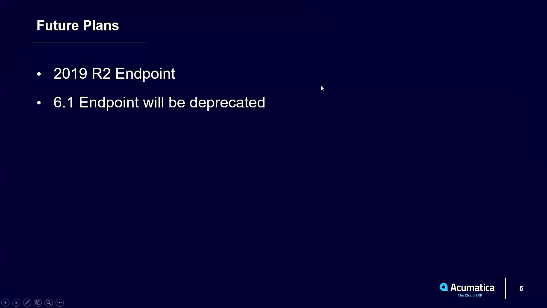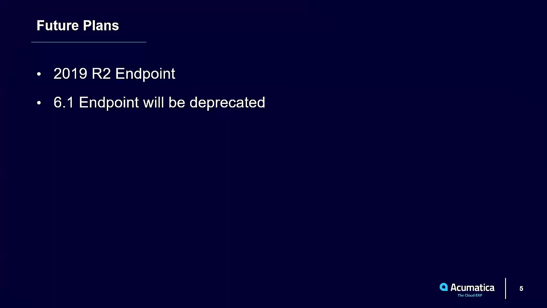So for instance, we will change our optimization approach. Right now we are aware of the problem where the optimization throws an error when it can't optimize something.